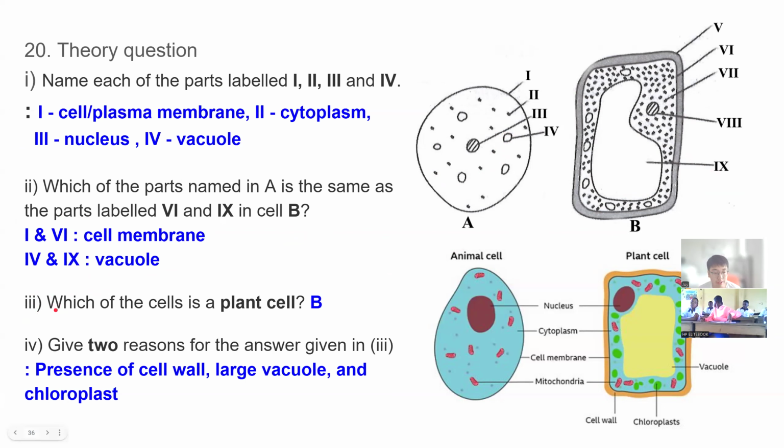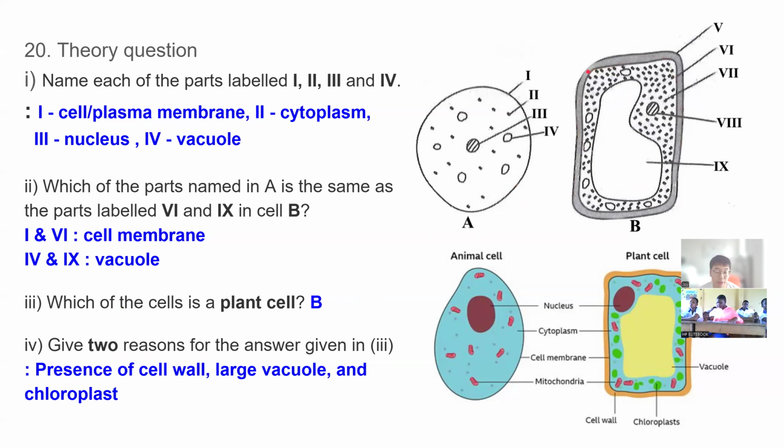next question asks which of the following cells is a plant cell? We know that plant cell B is the plant cell. And we can tell by here, give 2 reasons for the answer in 3. You can say there's a cell wall.